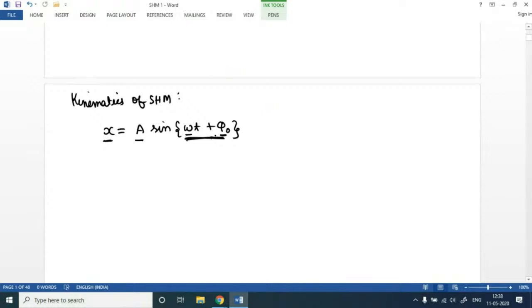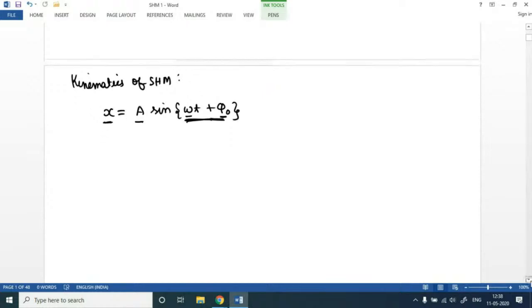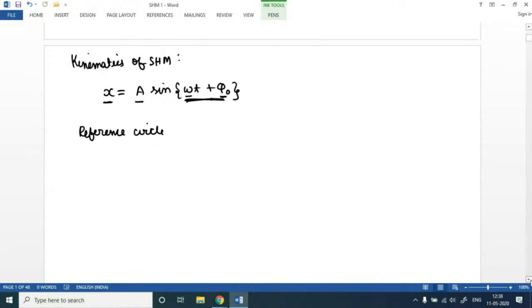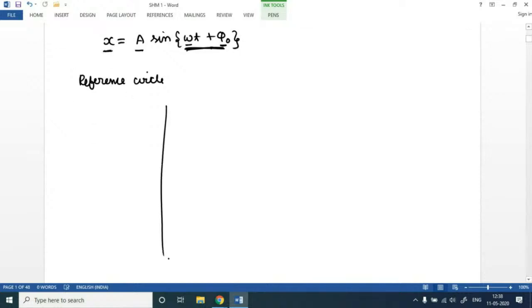Position will be represented as a function of time this way. And here let me introduce one simple concept. You can see the position is varying with respect to time, and this is not a uniform variation, meaning the velocity of this particle along the x-axis is not uniform. So let me introduce the concept of a reference circle. Let's say this is the x-axis and this is the y-axis, and this is the origin.